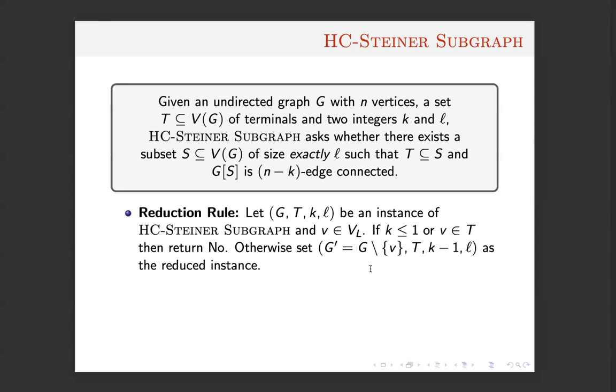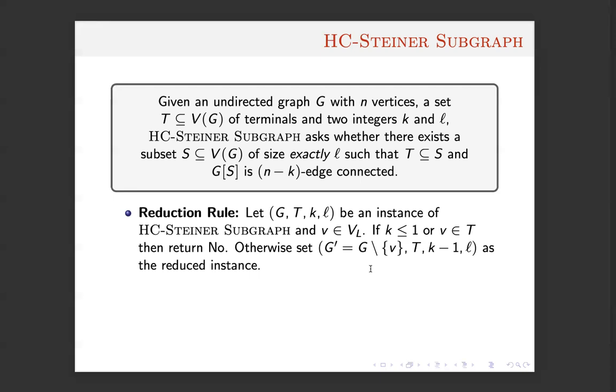The other case is when V belongs to T and V belongs to VL as well. We know that V cannot be part of the solution, so that is also a no instance for our problem. In the remaining case, we will delete V from our graph, make k equal to k minus 1, and reduce the instance.